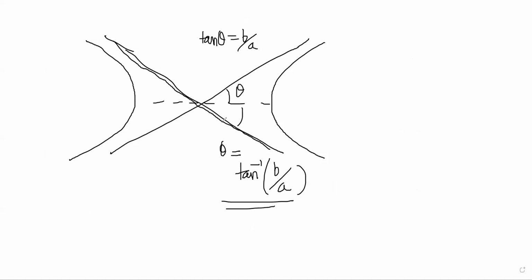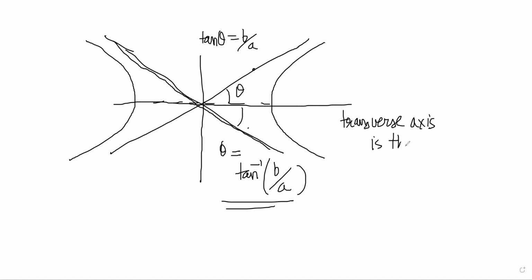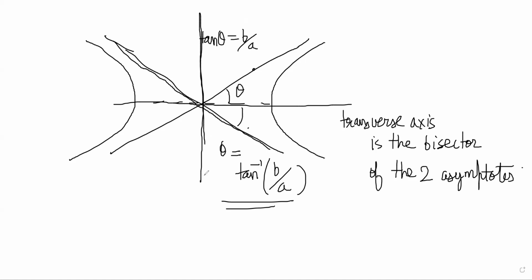So basically what we are saying is that the two asymptotes are equally inclined with the axis of the hyperbola. What that means is the transverse axis is the bisector of the two asymptote lines. Similarly, the conjugate axis is also a bisector of the two asymptote lines. So that is a very important idea.